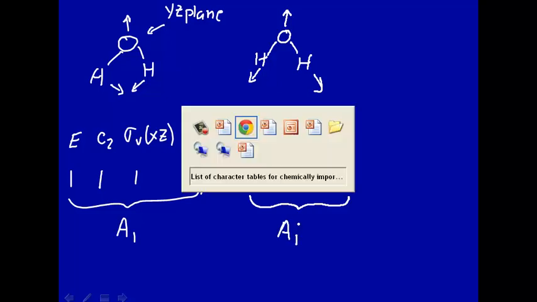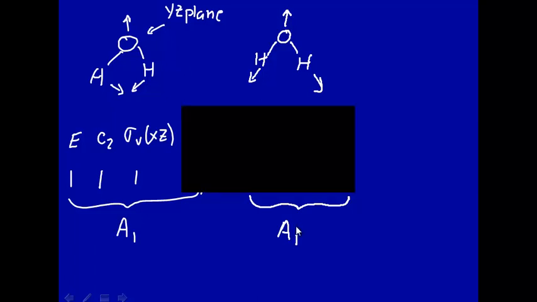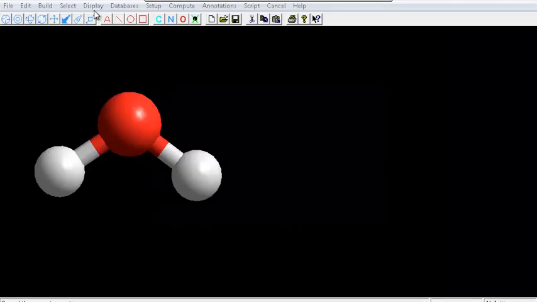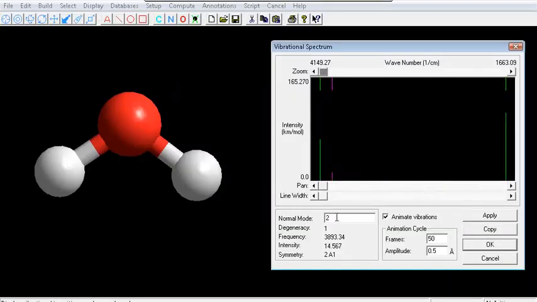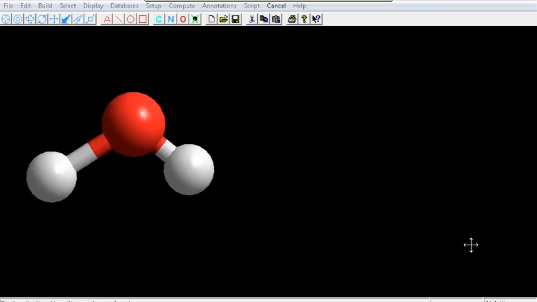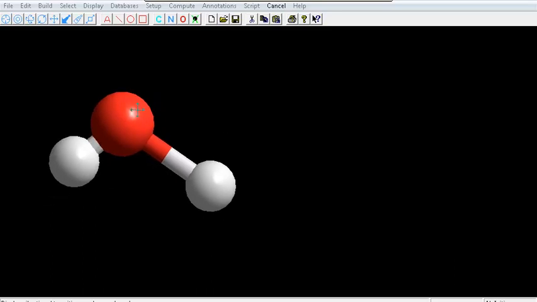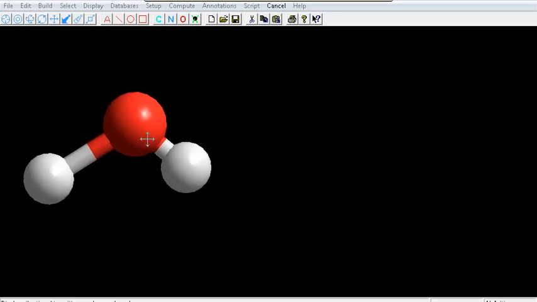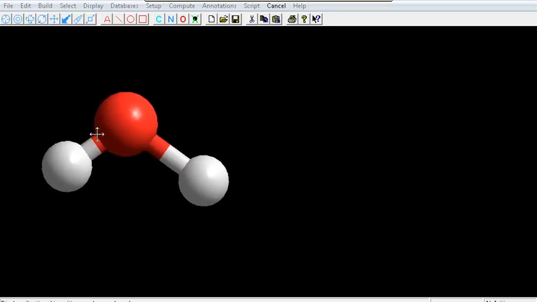All right, let's ask HyperChem to give us the last normal mode in the vibrational spectrum, which it calls number 3. So this looks like the asymmetric stretch. That's stretching while this is compressing, and back and forth. So let's start our vectors here.